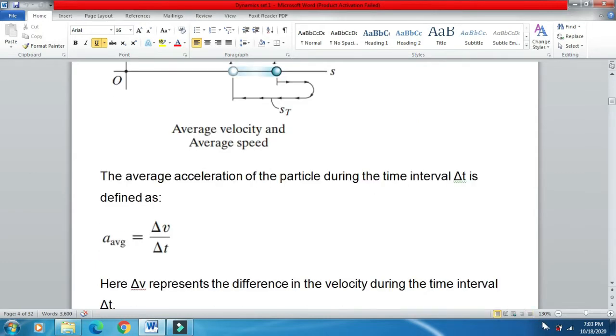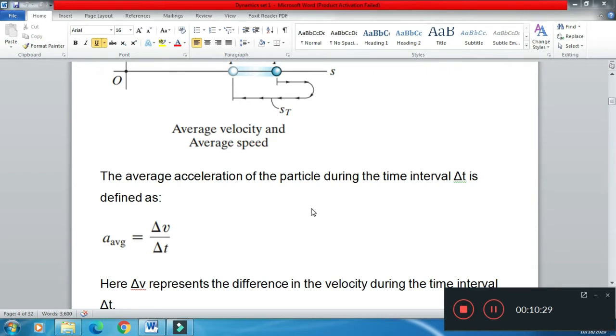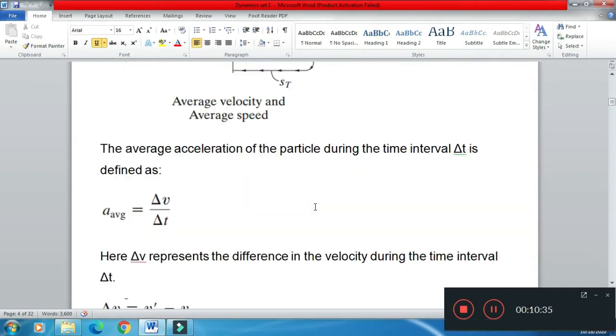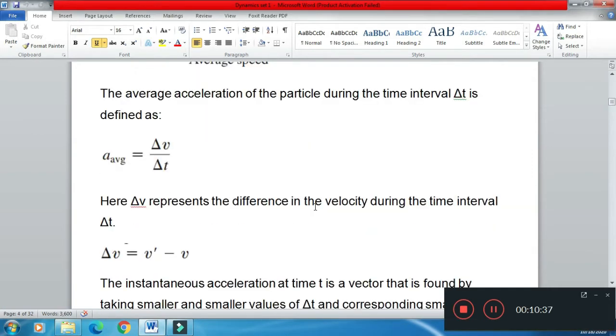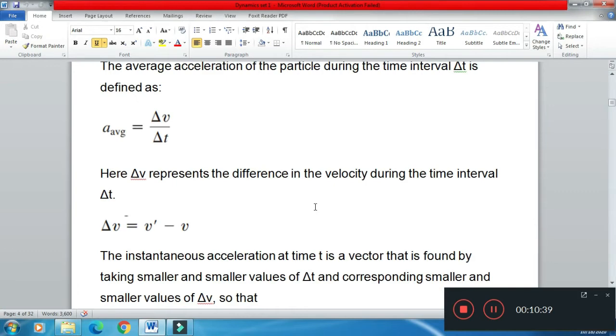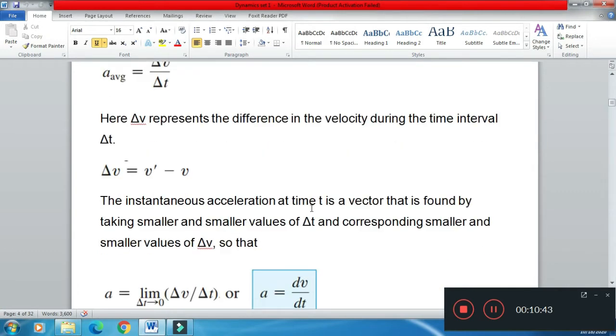Then next is average acceleration. It is determined from the change in velocity. Delta v represents the difference in the velocity during the time interval. So initially the velocity is v, and after some time it is v dash.